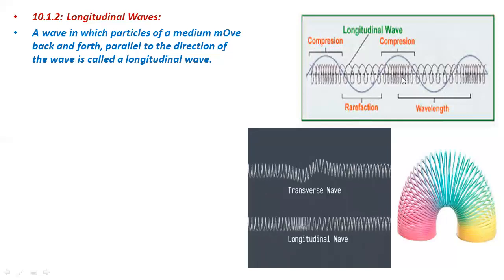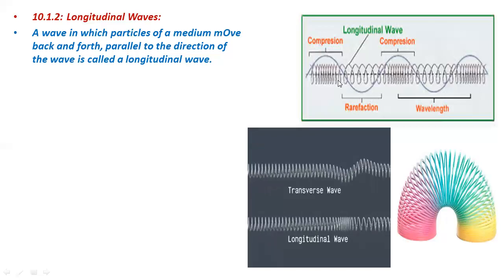Again, compression, rarefaction, compression, rarefaction, and compression. So in a longitudinal wave, there are compressions when the coils are tightly packed to each other, and the parts which are farther apart from each other are called rarefactions.